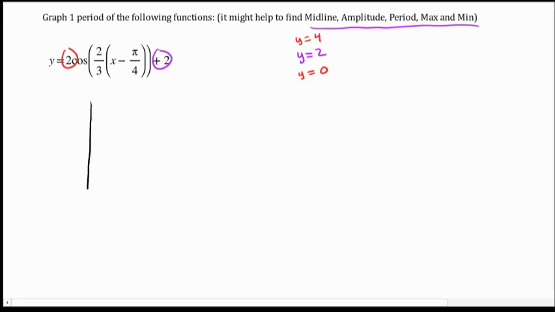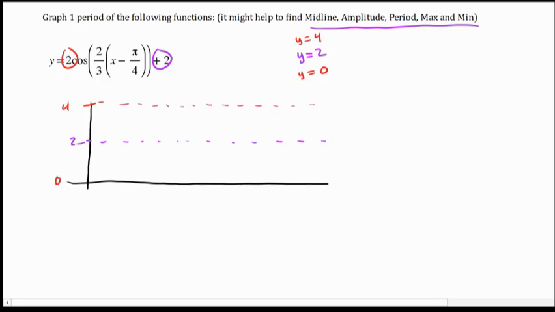I'm going to use the first quadrant for the most part, because I know the midline will be at 2, our maximum at 4, and minimum at 0. So we got the amplitude, the maximum, and the minimum.